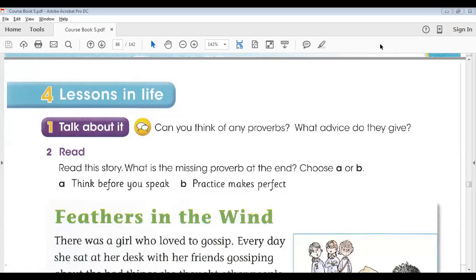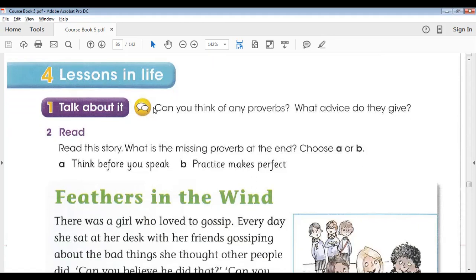As you know, this whole unit is all about myths and fables and stories, proverbs, morals. So this lesson 4, the title of today's lesson is Lessons in Life. And in this lesson, we are going to talk about proverbs.